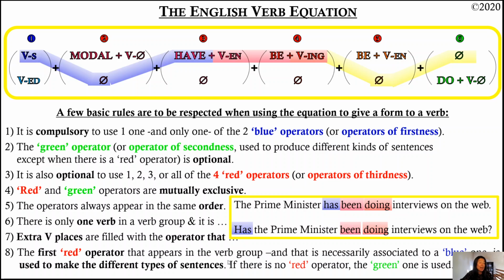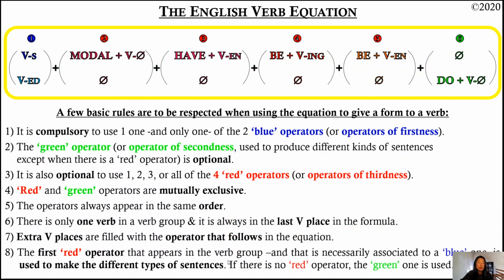And this is actually the most complex tense that exists in English, because the English verb equation is very comprehensive and includes all the various forms that a verb can take in English, which includes voices, the different types of sentences, and modals as well.